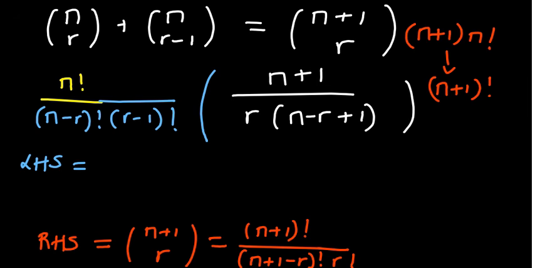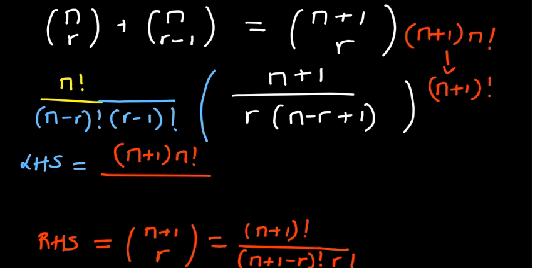So on the top part, if you want, on the next step on your paper, you can show n plus 1 in brackets multiplied by n factorial. The denominator, equally, you have to be smart about it.